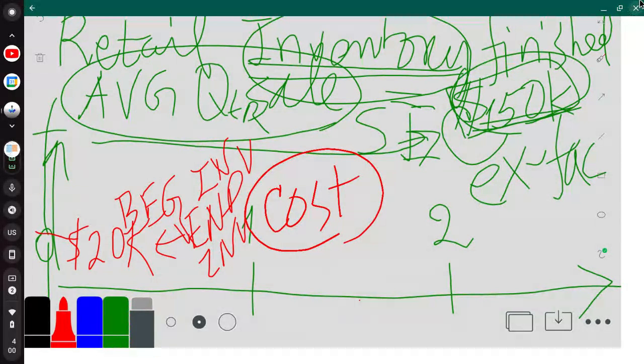So they are all $500, but when you sell it, it's $500 to the consumer. But when you bought them from the manufacturer, they were $300.